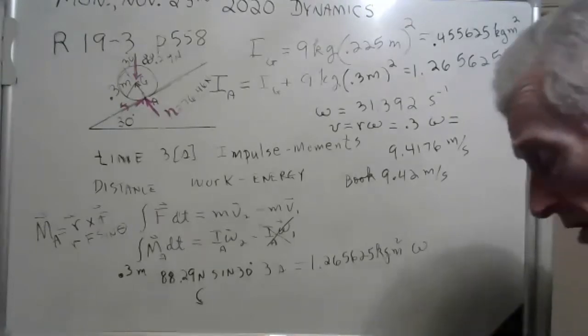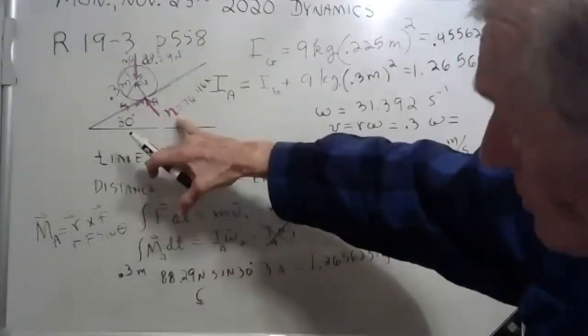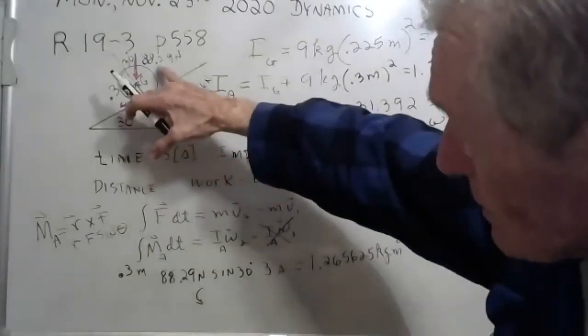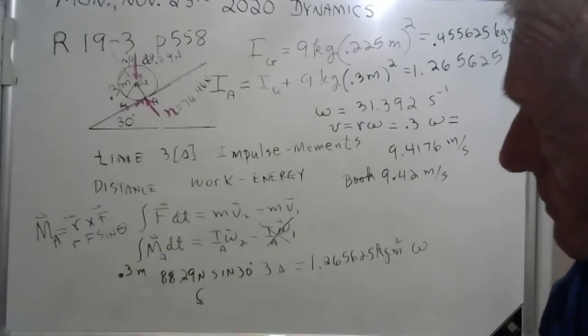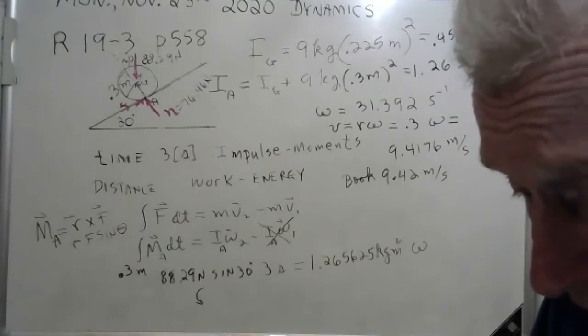Well, let's find what the friction is. See, we got the normal and we got the weight, but we never got the friction. Look, we never got the friction. I wonder how we would do that.